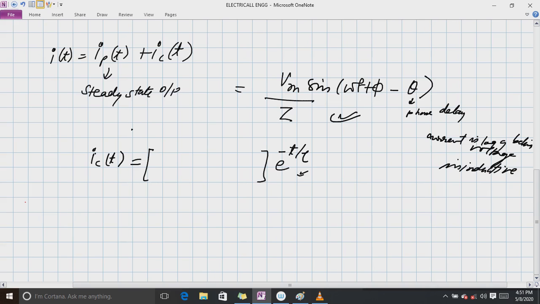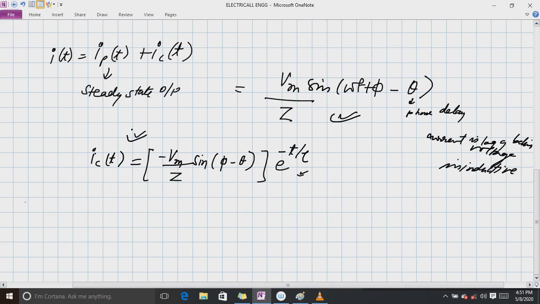So in between, you put minus here Vm, again same Vm over Z, sign will be similar, and then in the bracket you forget about omega t, you write only phi minus theta. That's it. This is your complementary integral.